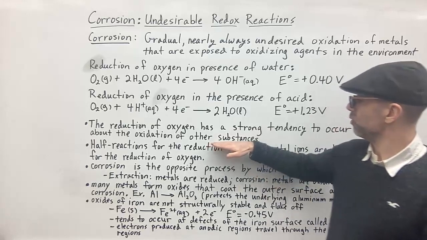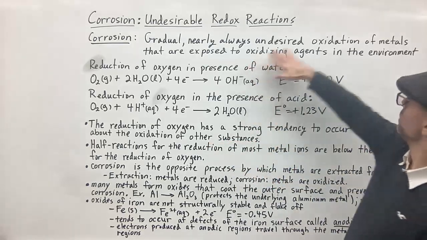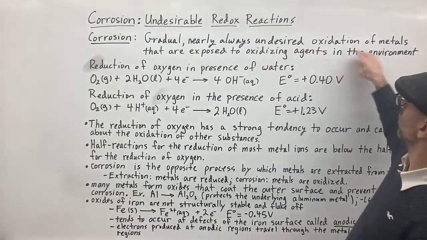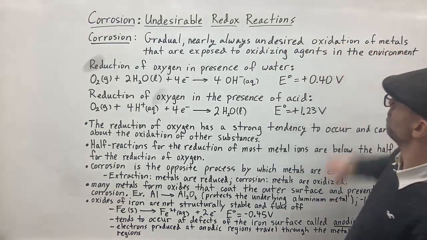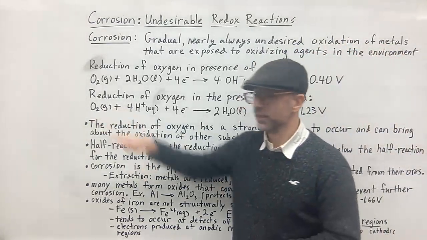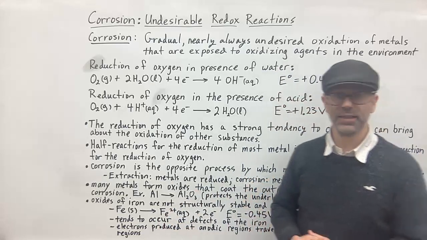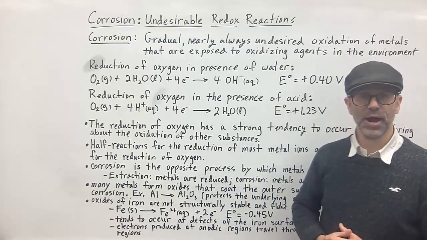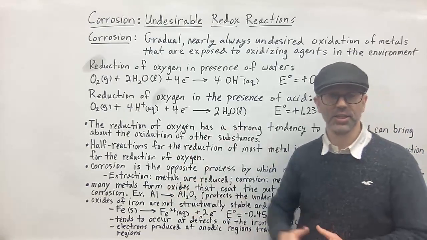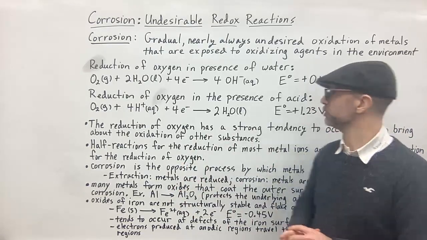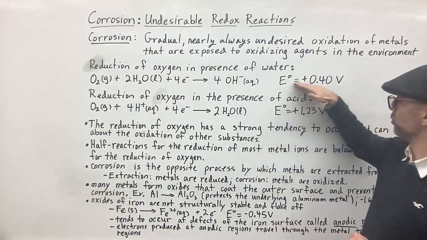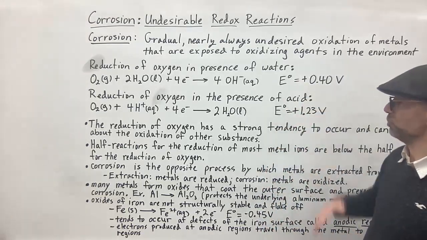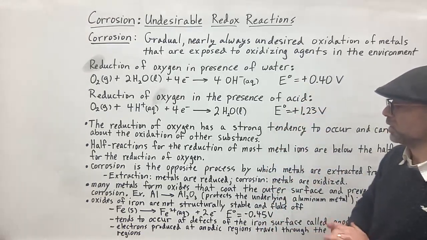This is what we're referring to as the oxidizing agents or the oxidation of metals. Oxygen is one of the strongest oxidizing agents, so it wants to be reduced fairly badly, and it's going to oxidize other substances in order to be reduced. You can see that from the fairly positive electrode potentials for oxygen.